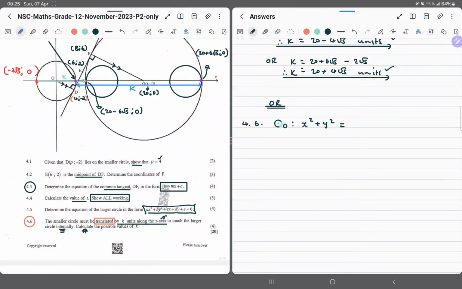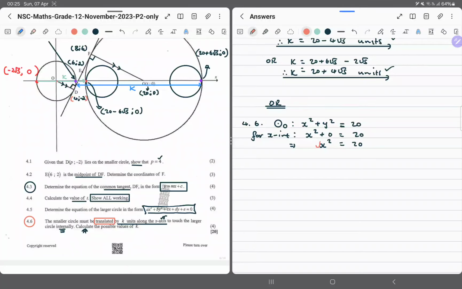So basically, we are going to say the smaller circle with center O is given as this. You can work it out the standard way and say for x-intercepts, it is such that x squared plus 0 is equal to 20, which implies that x squared is equal to 20.